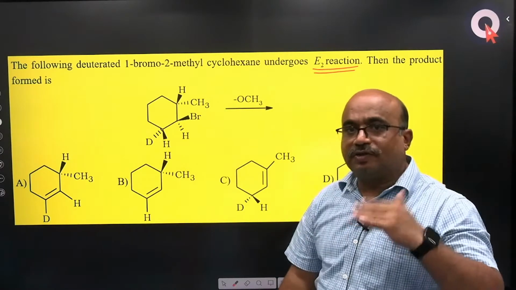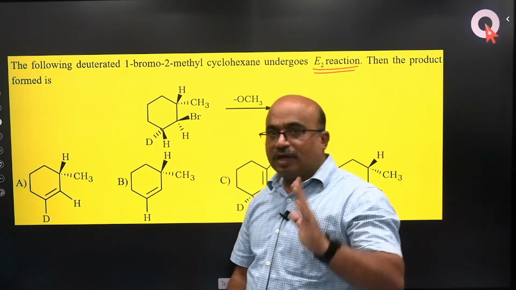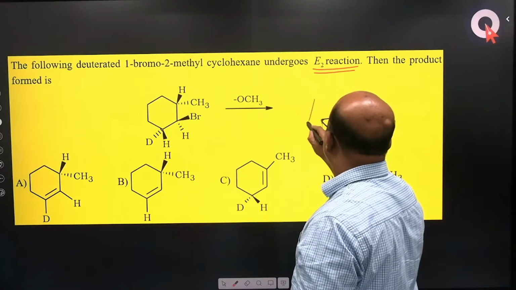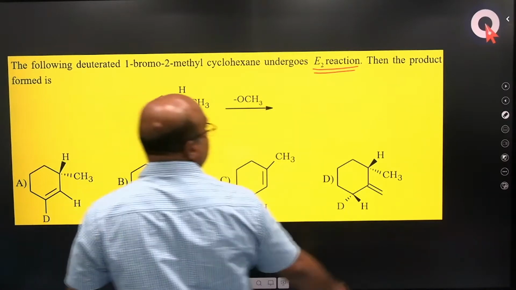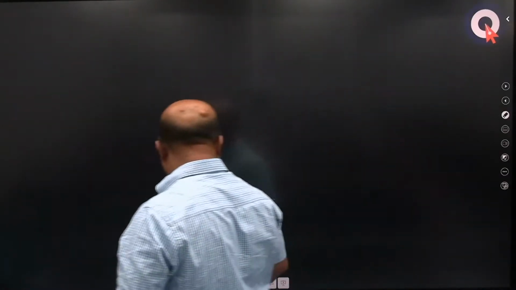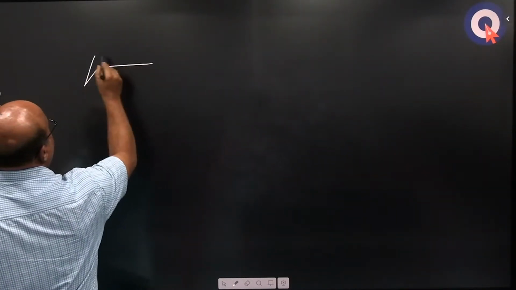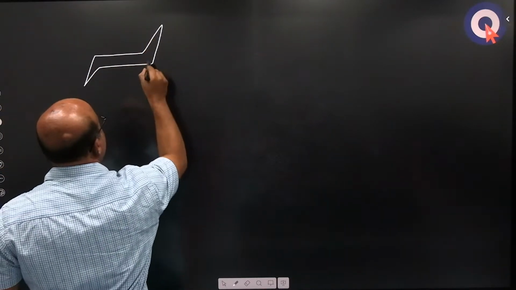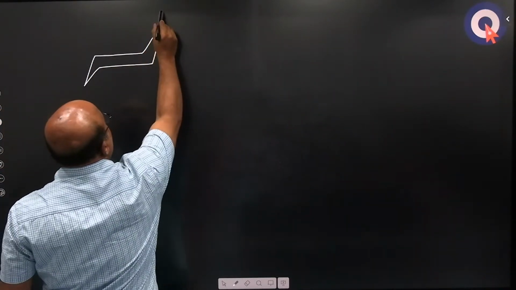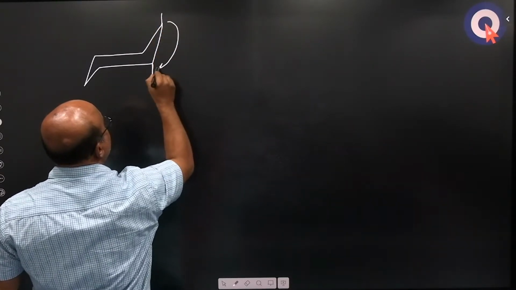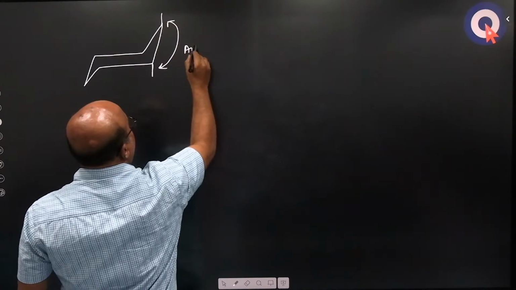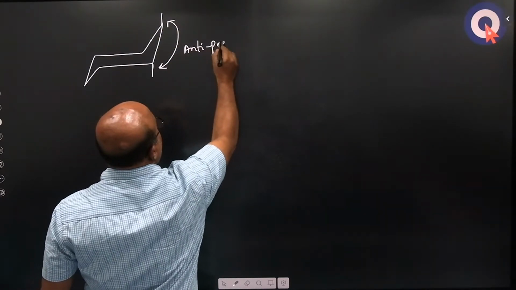So when the E2 process is happening in the cyclohexane, in the chair conformation, let us write it on the next page again. So here, if it is a chair conformation, then what you see, the axial bonds exist completely anti-periplanar.